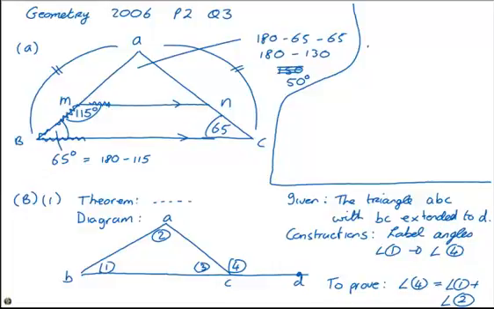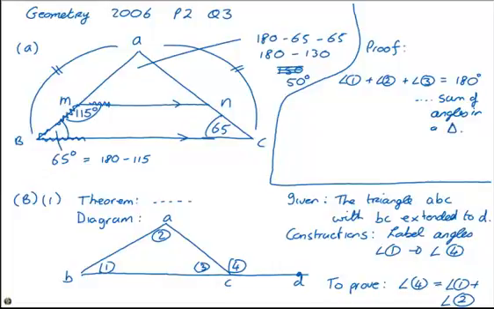So then you've got your proof. There are no triangles to consider in this instance, so you won't start it like that. What you'll say is that angle 1, 2 and 3 is equal to 180. Don't forget your justification. Sum of the angles in a triangle.